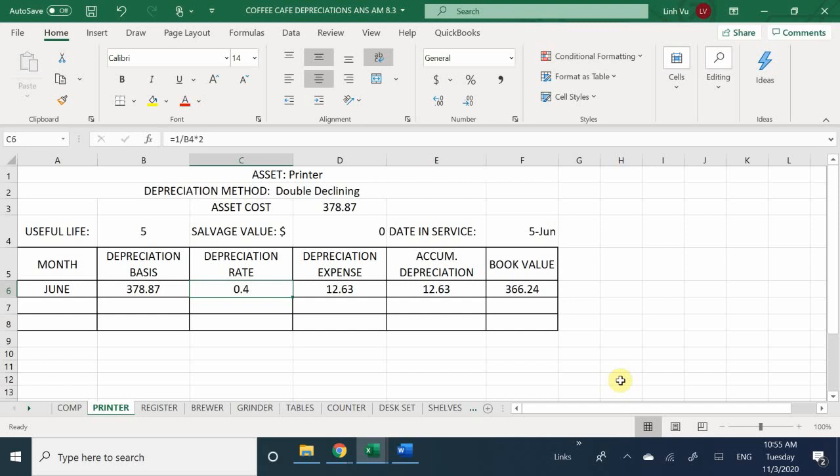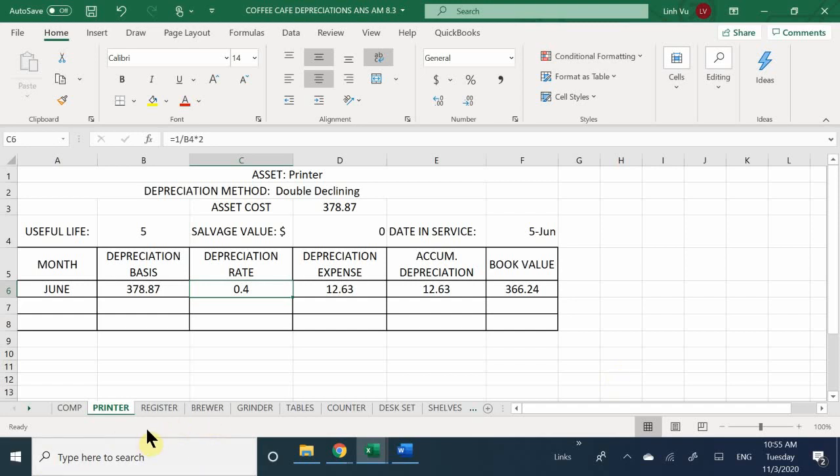But this time, because we're double declining, we multiply by 2, because we're depreciating it twice as fast. Hence the word double. So that means 1 divided by 5 times 2. Correct. Okay, I got it. Thank you. So there we go for the printer.